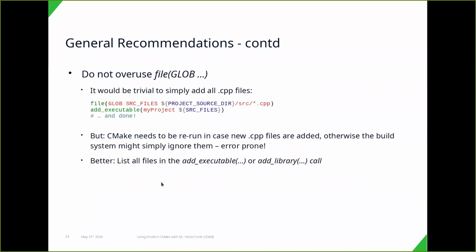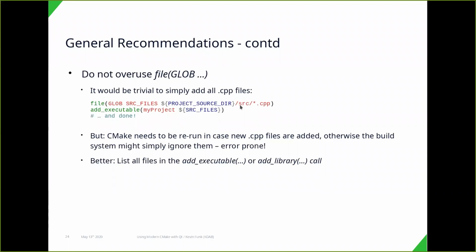What else do we have? Right. Do not overuse file(GLOB). That's another big thing we've seen. People usually would like to keep the CMake build system as simple as possible, and usually they try to go with this approach, like just saying, well, all files ending with .cpp, let's compile them as part of my executable target.